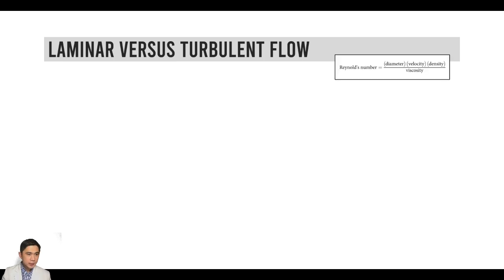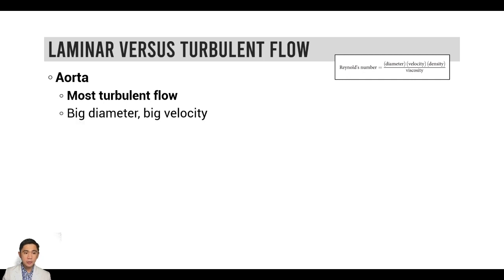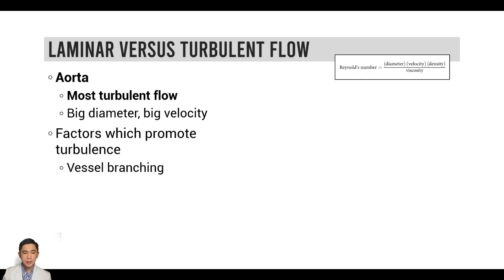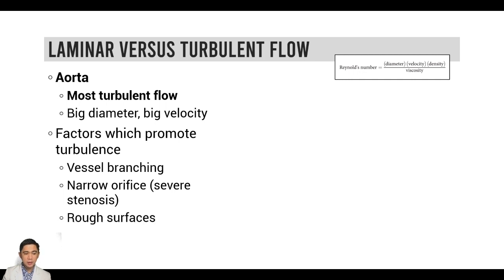So we will apply this Reynolds number to the different segments of our circulatory system. Let's start first with the aorta. The aorta has the most turbulent flow because it has a bigger diameter and a bigger velocity, and we know that density and viscosity are more or less the same. Factors which promote turbulence are vessel branching, a narrow orifice like severe stenosis in our blood vessels, and rough surfaces.